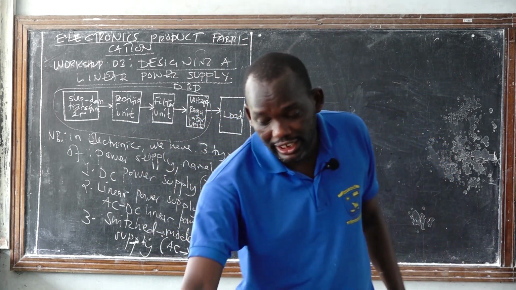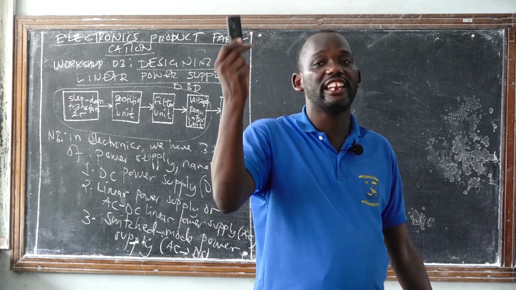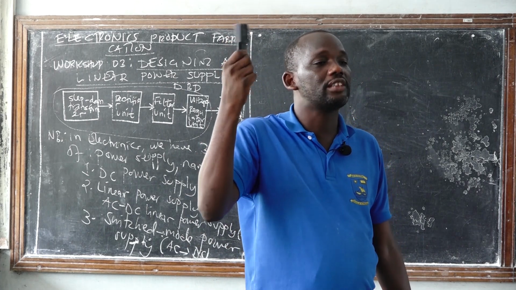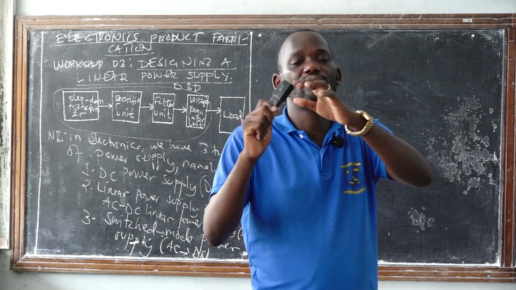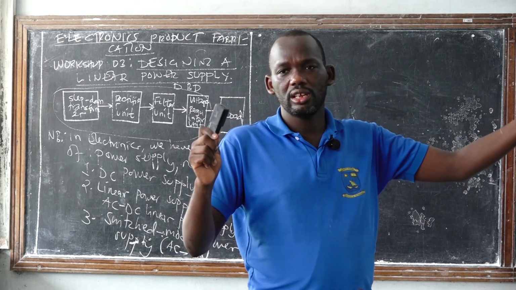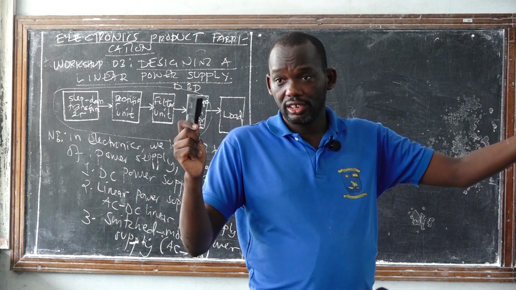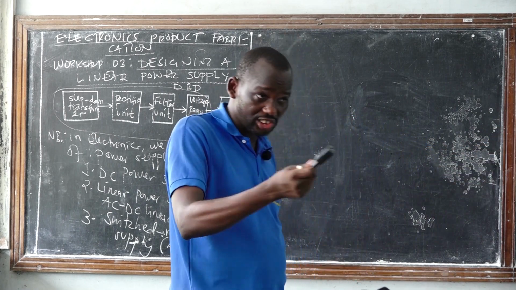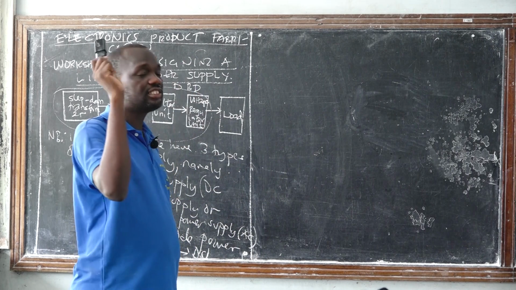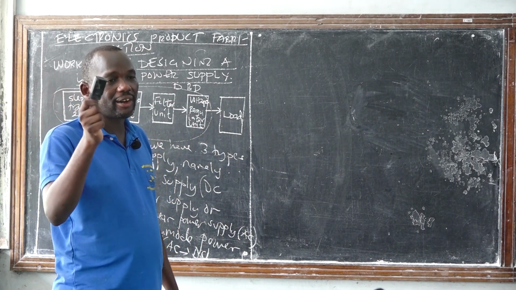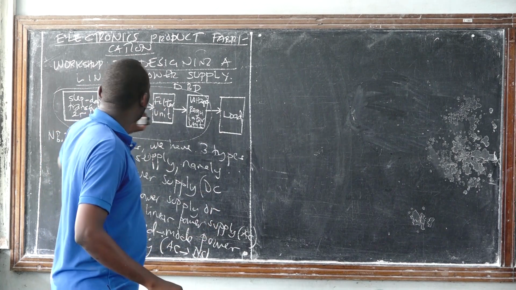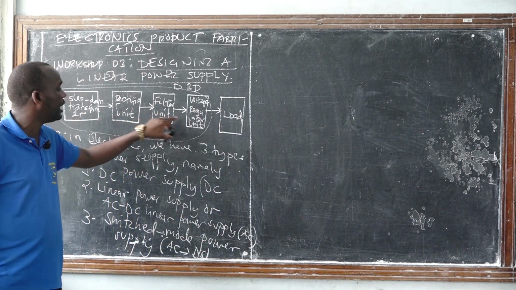Even if you take a mobile adapter like this one, this is all about actually supplying power. The USB cable is just transferring power from here to the load, right? If for example we say that within this head of the mobile charger there is a linear power supply, then this will represent block number 1, 2, 3, and 4.